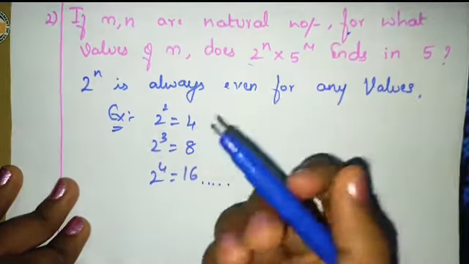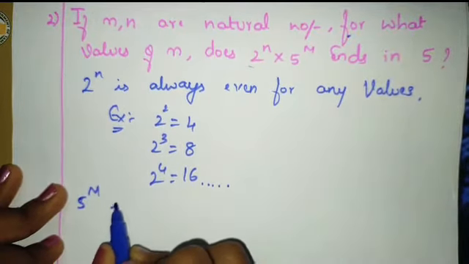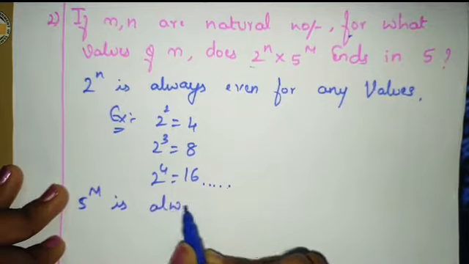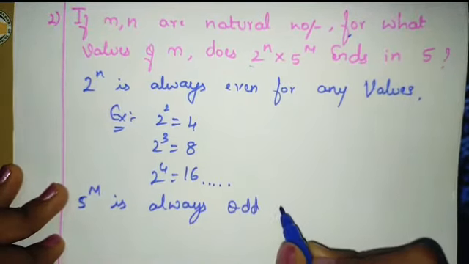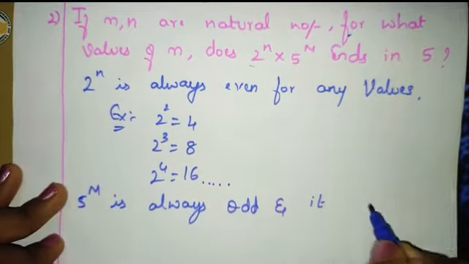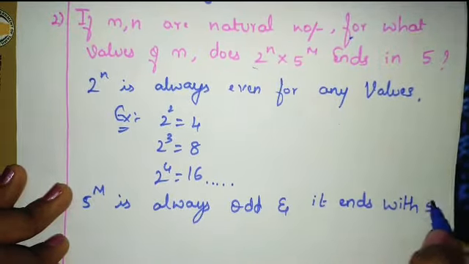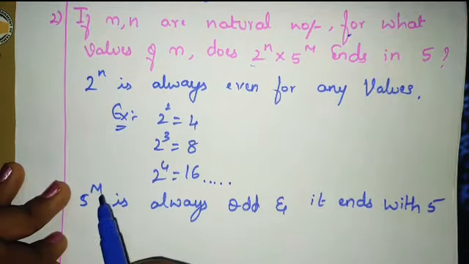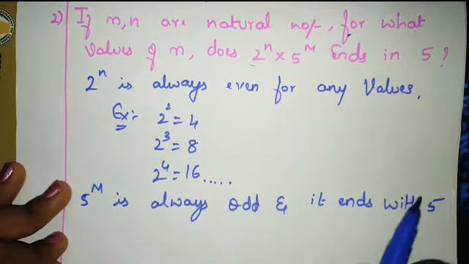Okay. So now if you take 5 power m. See, 5 power m is always odd, and it ends with 5. Correct? So if you take any 5 powers, it is always an odd number and it ends with 5 only.